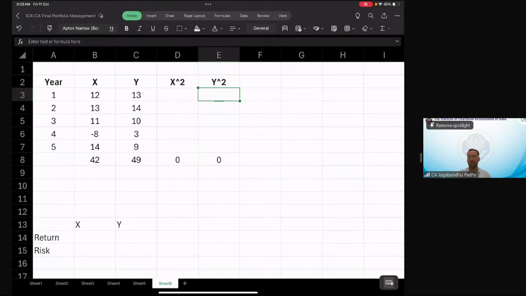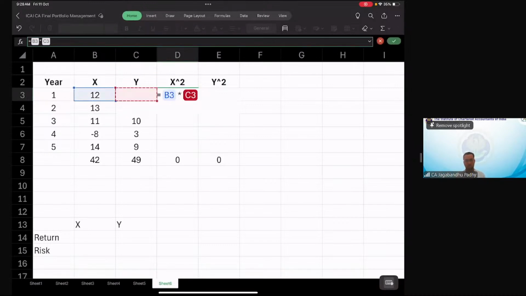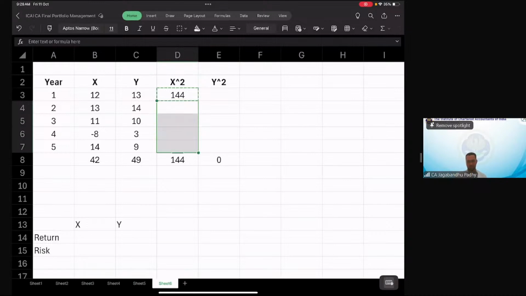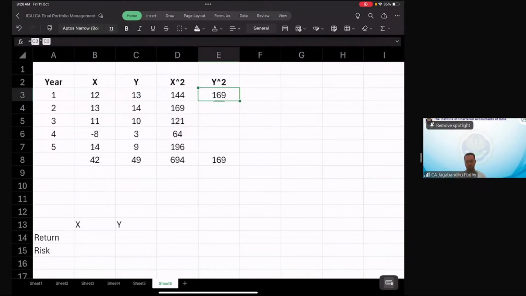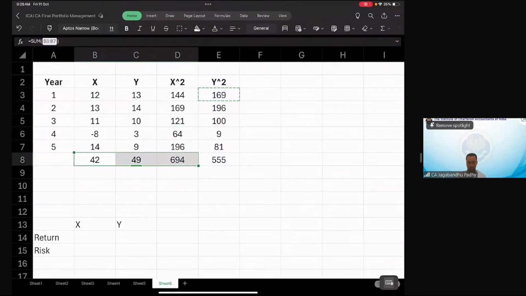Now the standard deviation can be computed by taking the square of these terms, and the standard deviation of Y can be computed in a similar way. Now you have the square numbers, you have all the numbers.